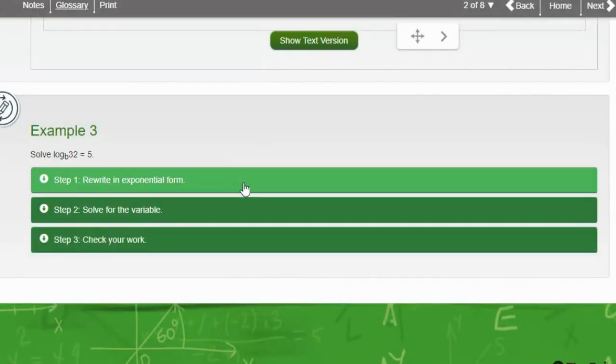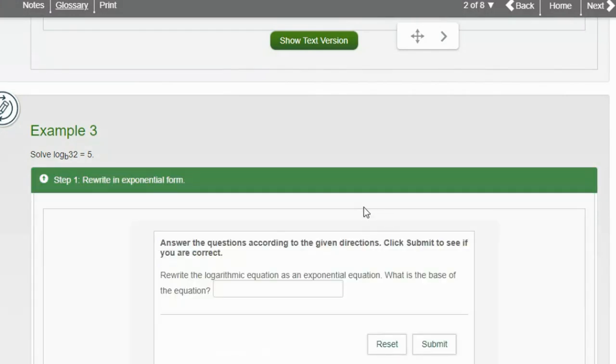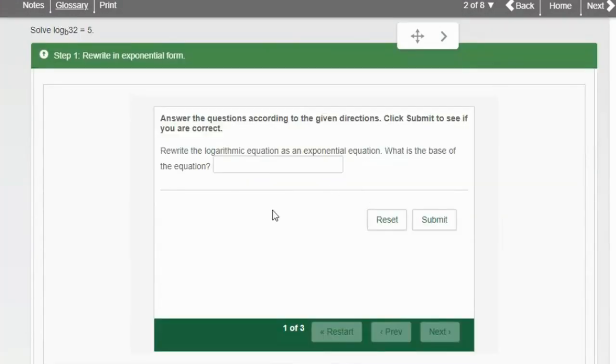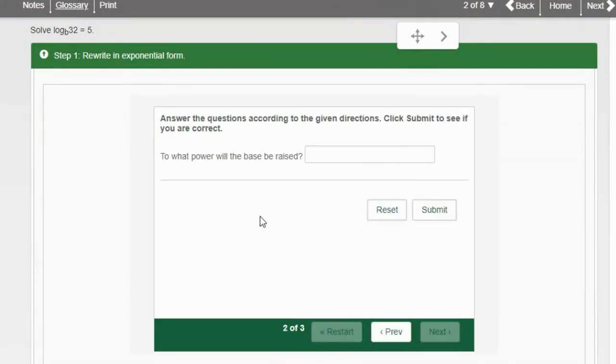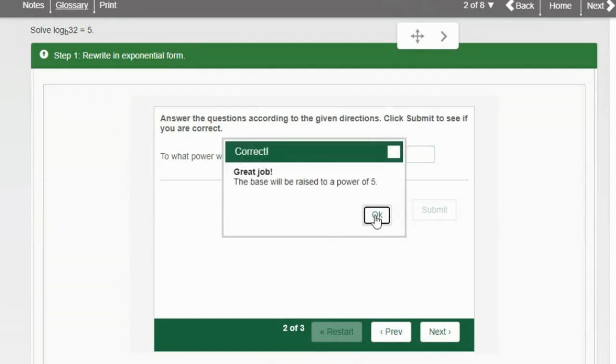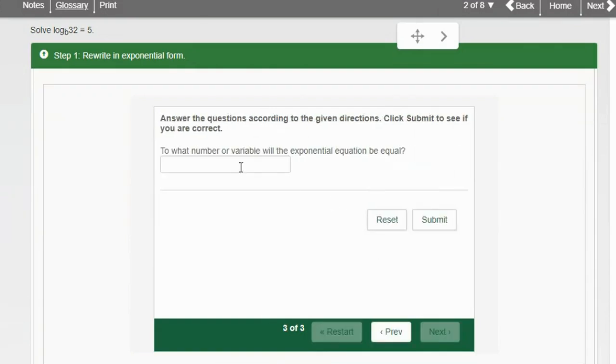Hopefully you at least got that written correctly. It says rewrite in exponential form. What is the base of the equation? Well, it was b because we were trying to figure it out. And it says what power will it be raised to? The 5th. And what will it be equal to? 32.